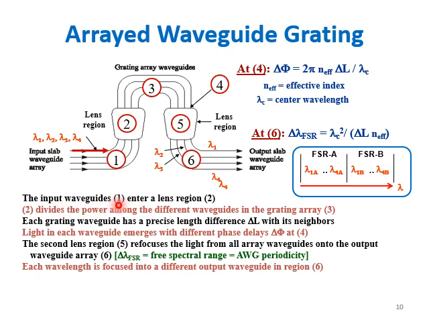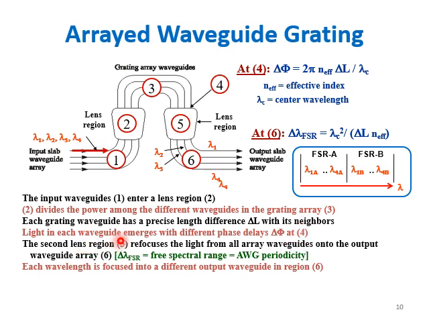The input waveguides enter into region 1 and then into region 2, the lens region or star coupler, which divides the power among the different waveguides in the grating array, region 3. Each grating waveguide has a precise length difference delta L with its neighbors.